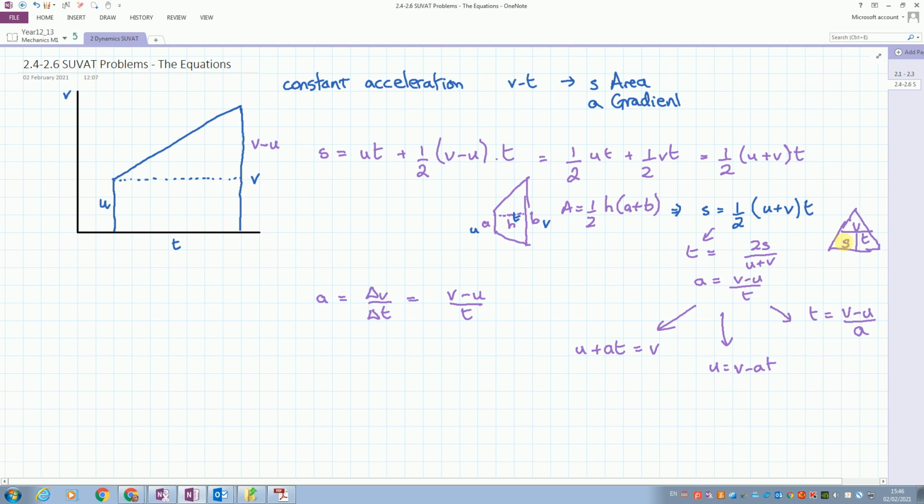We don't use these triangles formally. So if we wanted to get T, it's displacement over the average speed being covered, (U plus V) divided by 2. Right, so that's the first two equations.